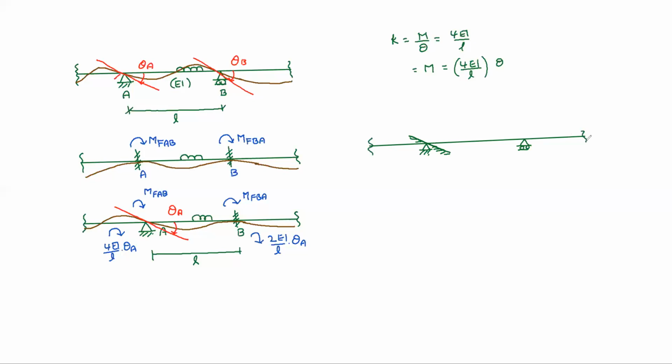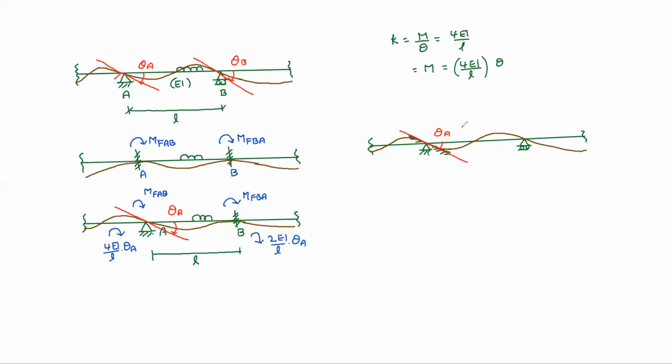Release at B. That means the deflection curve will take place like this. That means we are not allowing any further rotation here. Just we are fixing here.